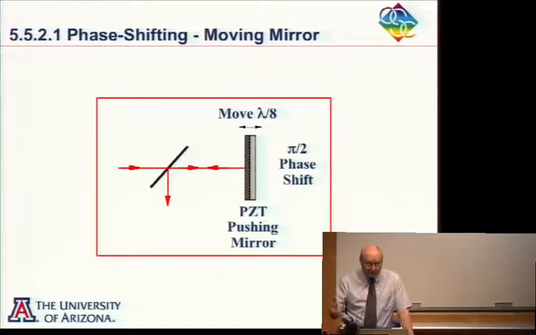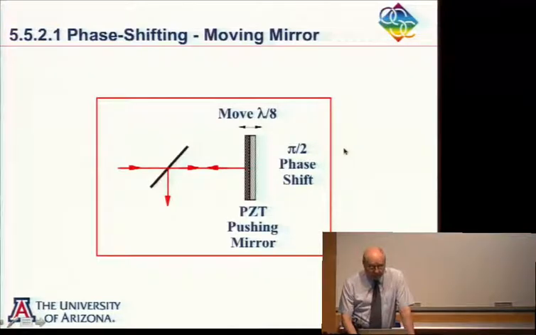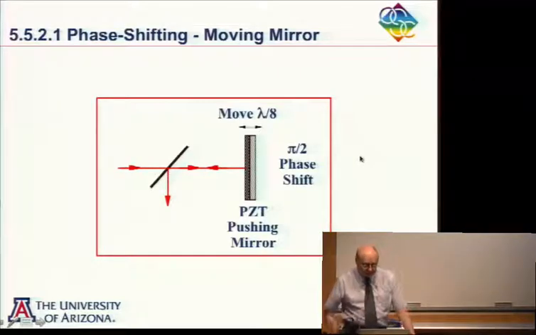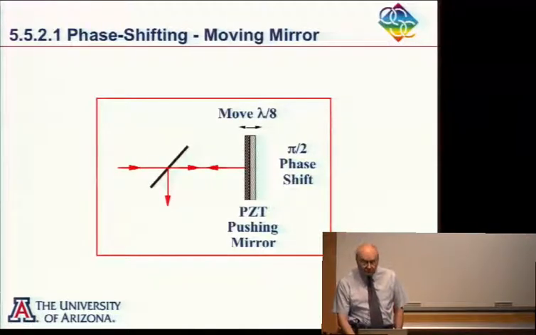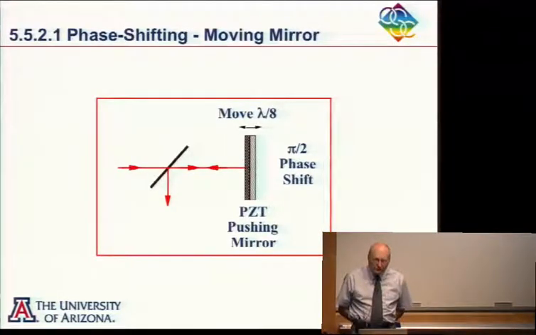If it's not linear enough, you can calibrate it to see how much voltage you have to apply to get 1/8 of a wave. But it's generally pretty linear, very smooth motion, and it's a great way of doing the phase shifting. And as I said, the most common way. But it's not the only way that people do.